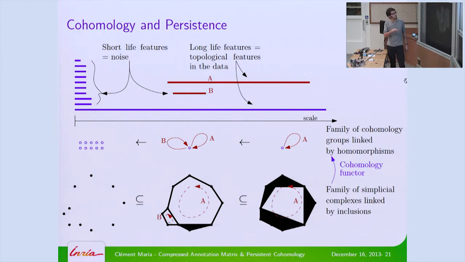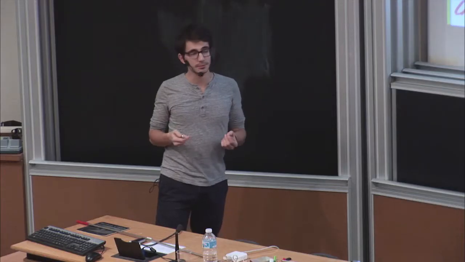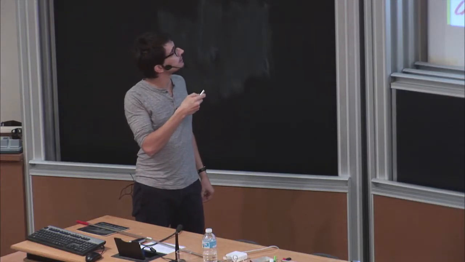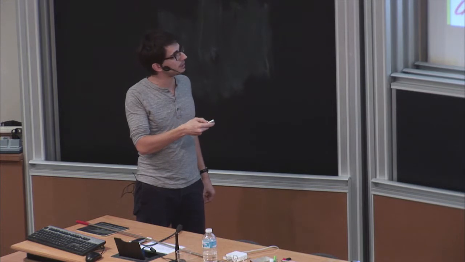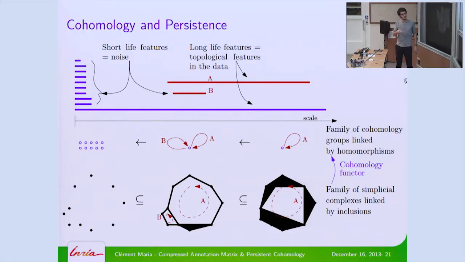But very quickly you're drawing edges in your simplicial complex, and then you're killing connected components, so the bars stop really quickly, and you have only one long bar that is the only connected component that survives all along the filtration.